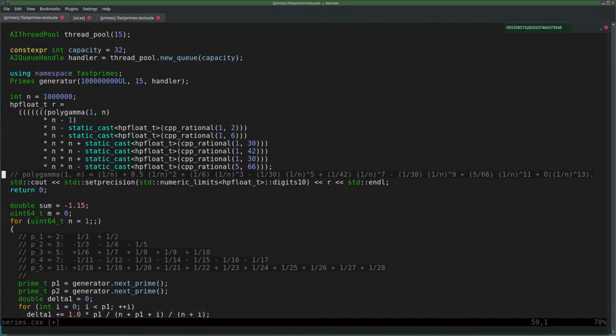I think that's a pretty damn accurate approximation, if n is large enough, right? So we want to get at least 100 digits accuracy, and why not? Ridiculous, but still, 100 divided by 13 is 7.7.